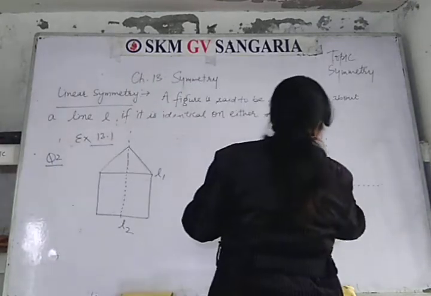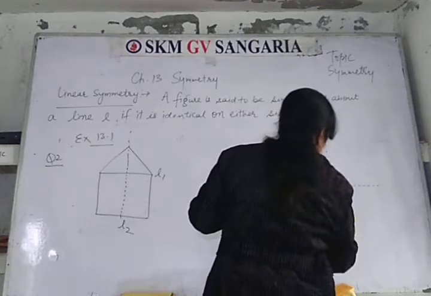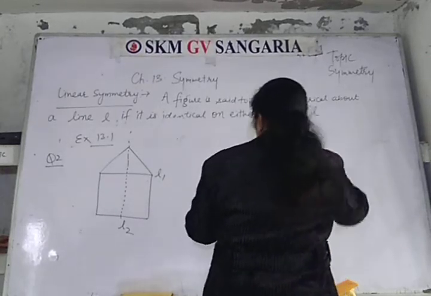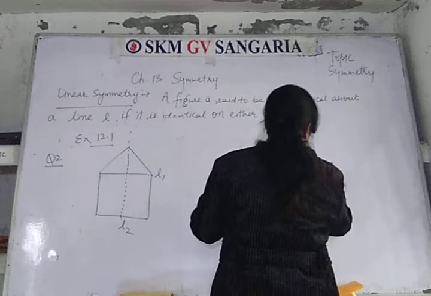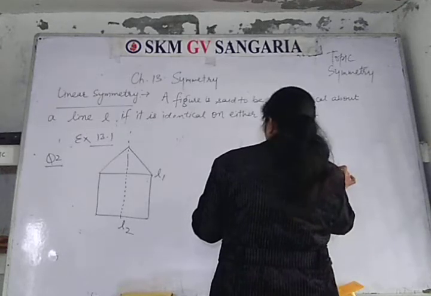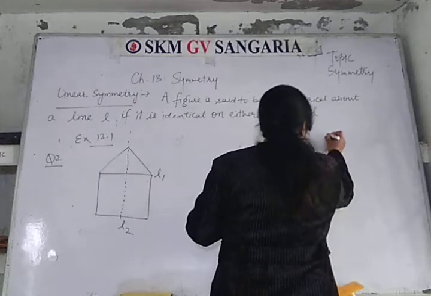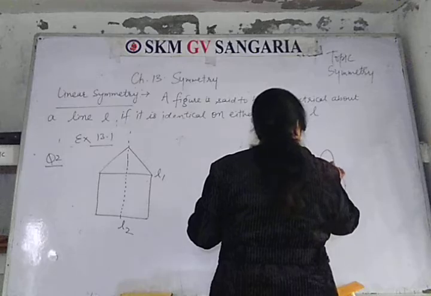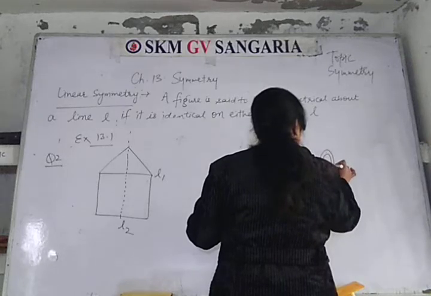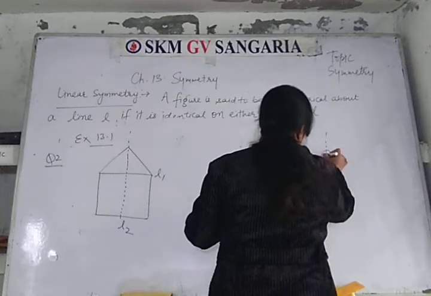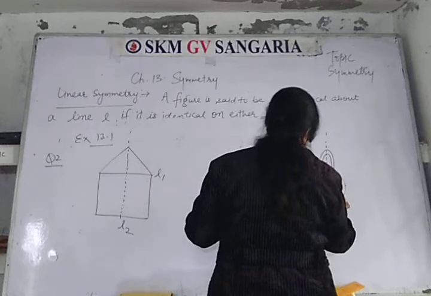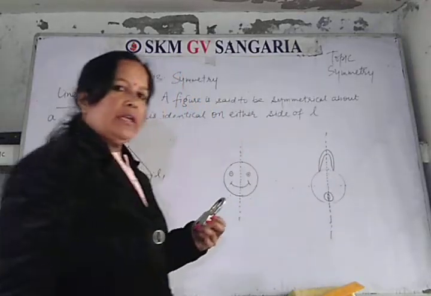Suppose a circle is already here, I can convert this circle into the shape of a lock. The line of symmetry can be drawn vertically.